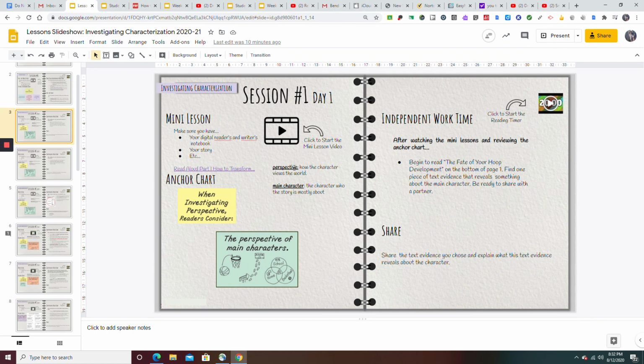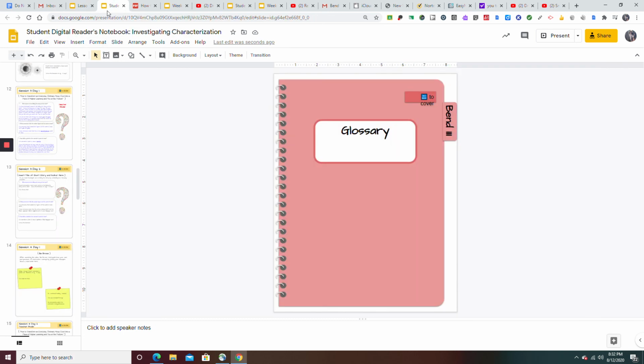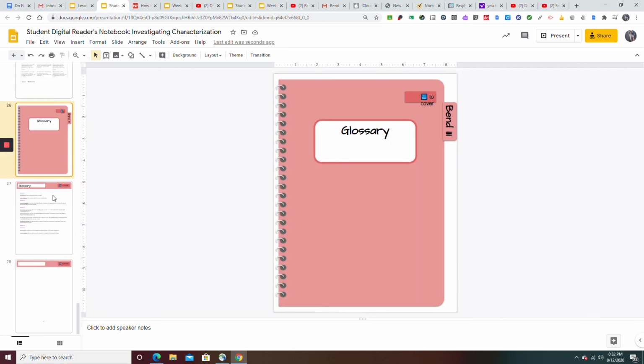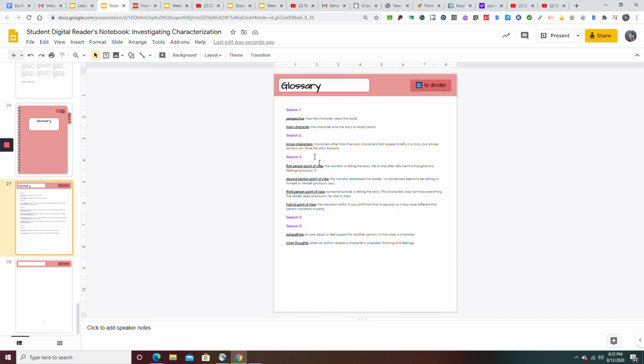You will find those words down here in your glossary. So we learned about perspective and main character in session 1. So they are right under session 1, minor characters, session 2. So this is a really good place to refer back to if you need a reference for some of these words to help you through the unit.